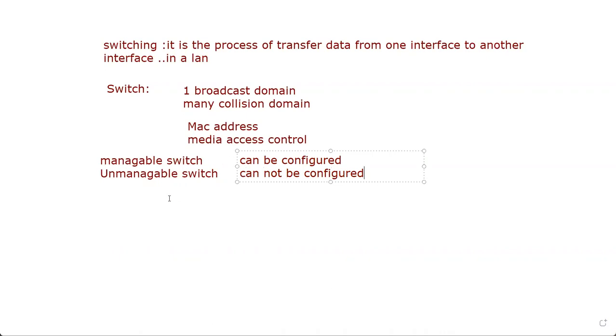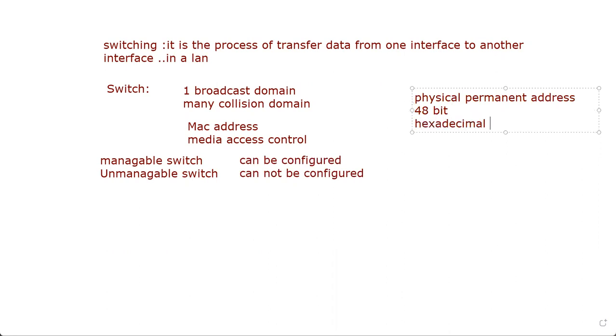After that, a MAC address is your physical permanent address. That is a 48-bit address in hexadecimal format. 24 bits are reserved by the IEEE and 24 bits are reserved by the manufacturer.